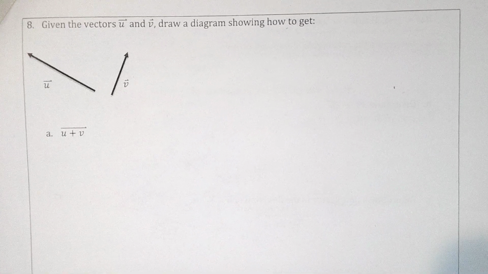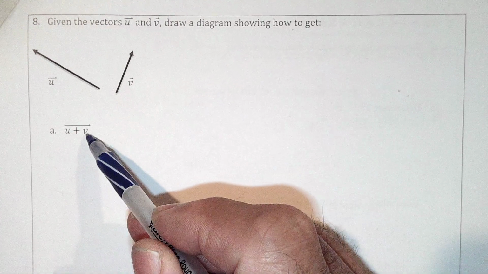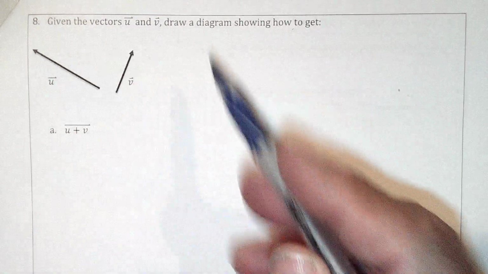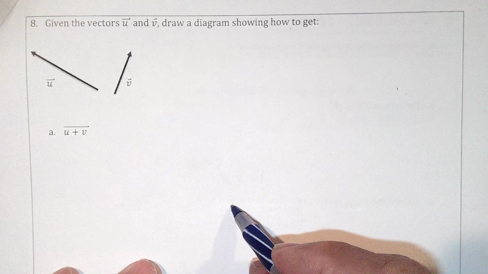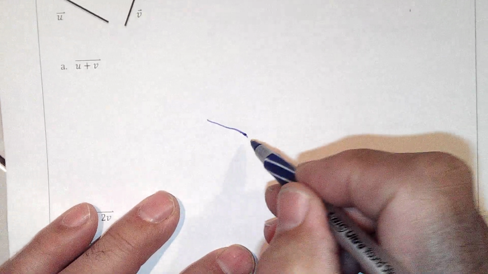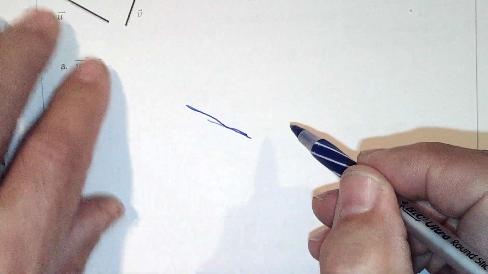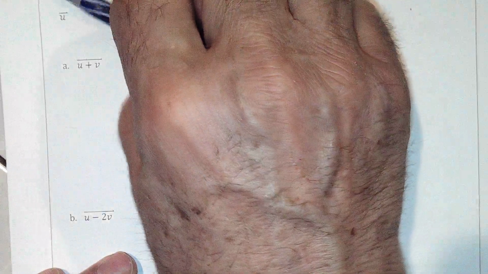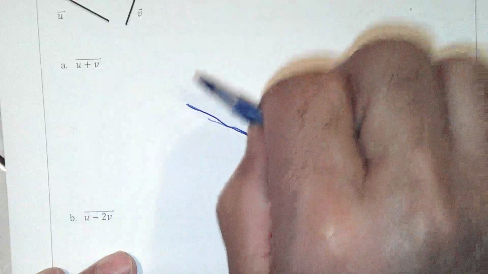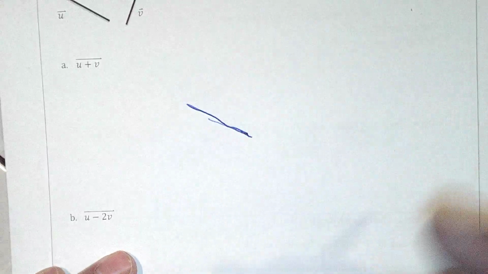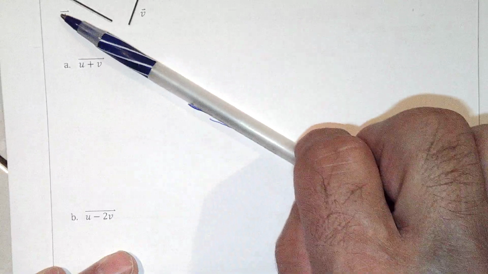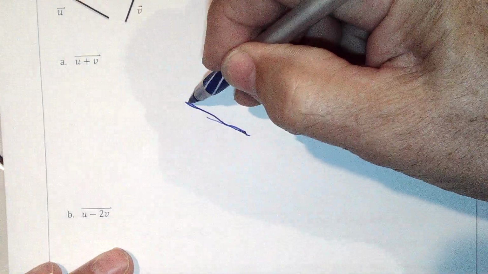Okay, now I've got to draw a picture of u plus v. That's u, so I'm going to draw something that looks like u. Let's see, that's about that long. Yeah, it's about the right length. And it looks like they're pointed about the same direction, close to the same direction.